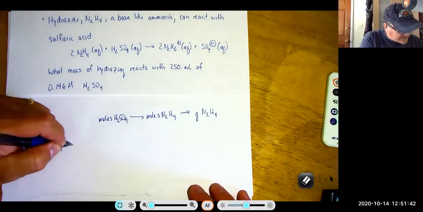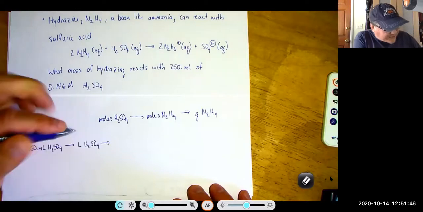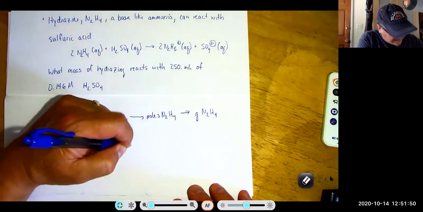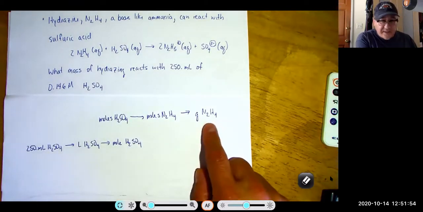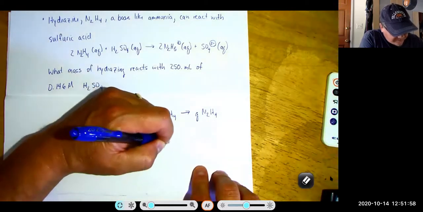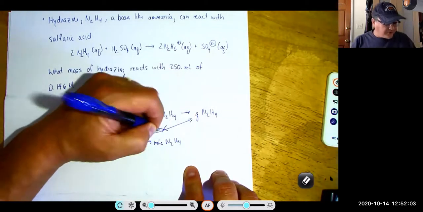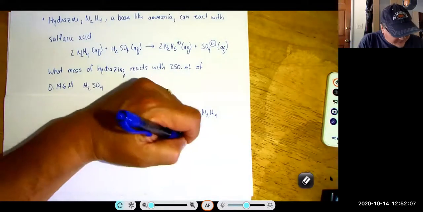I'm going to convert that into liters of sulfuric acid, and then with this, I can convert that into moles of sulfuric acid. And then since I know this is my end run, I'm going to turn that into moles of hydrazine, because you cannot go directly to grams from moles of sulfuric acid. And then we'll go to grams.